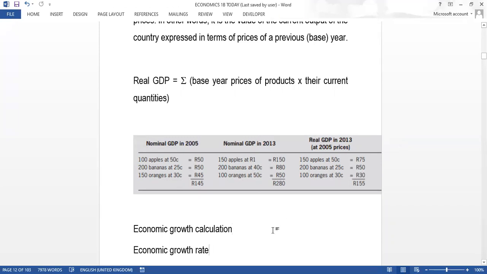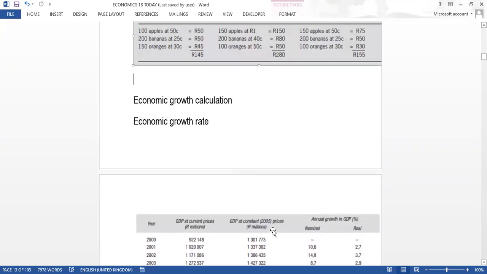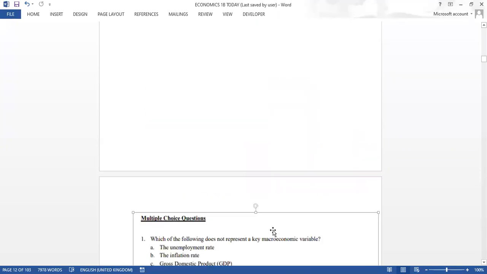So we want to look at how you can calculate economic growth.